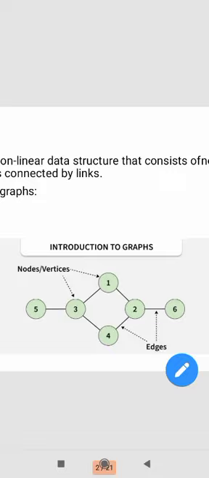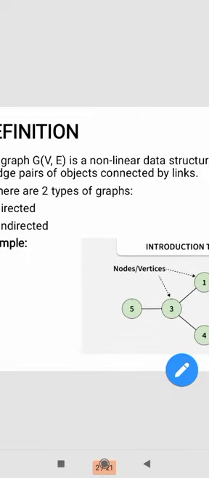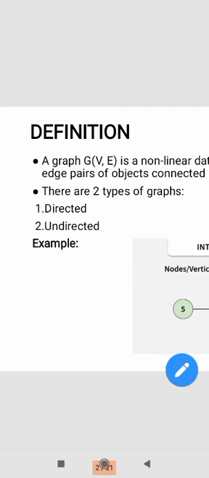It is represented by a circle. Edges means the lines connecting the nodes. So a graph is a collection of vertices and edges. It is represented as G, where G represents the graph, G = (V, E). V represents vertices and E represents edges.